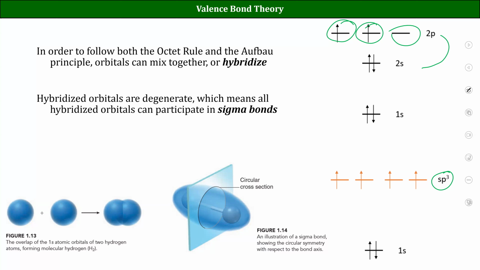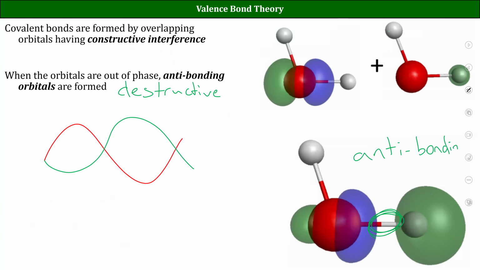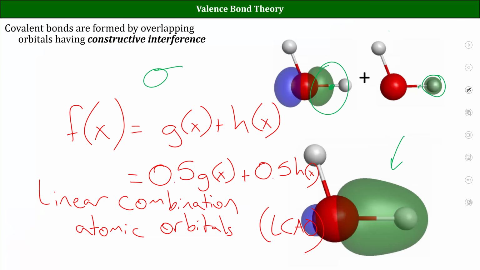And so that's actually what we see participating in these sigma bonds. It's not the atomic orbitals. So here we treated it like it was the oxygen's 2p orbital that was overlapping with the s orbital. That's not actually accurate either, because really it wouldn't look like a p orbital, it would look like an sp3 orbital.